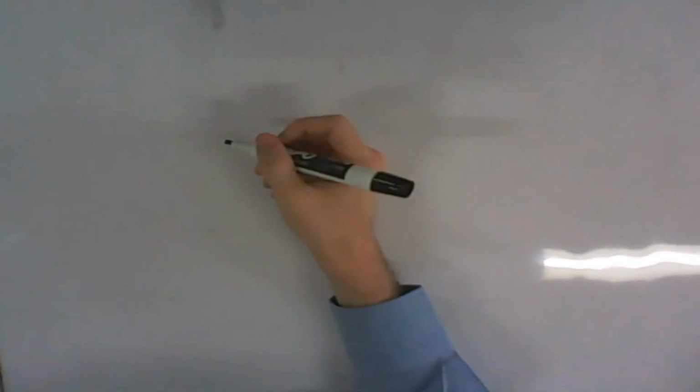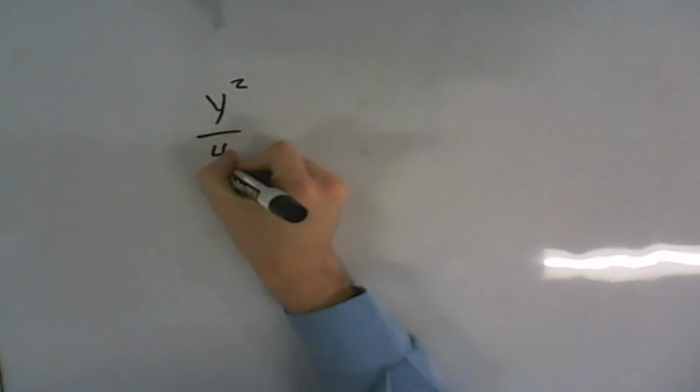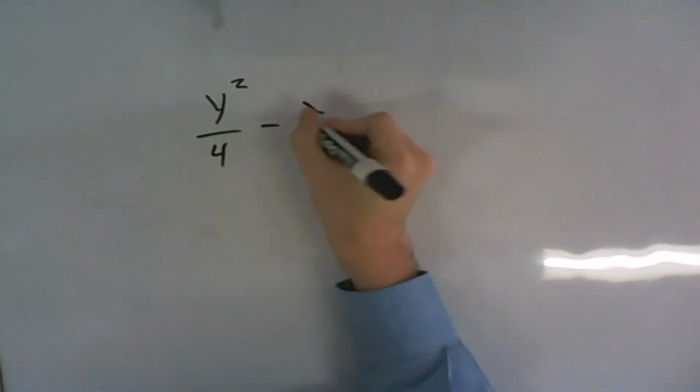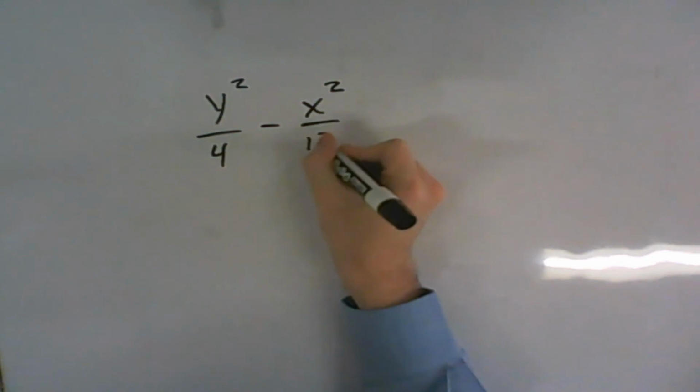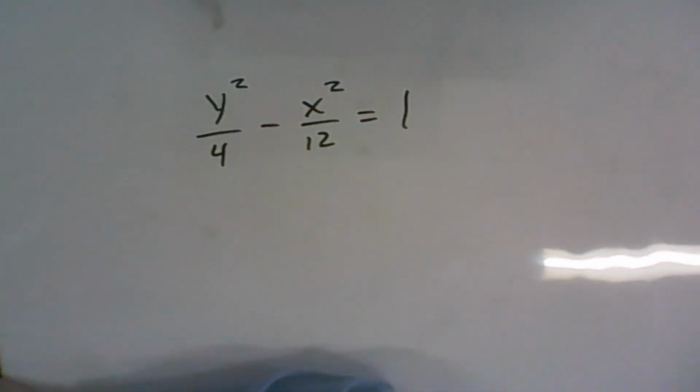So 29 is going to give us y squared over 4 minus x squared over 12. See, you know what? I may have done something really wrong. Oh yeah, I did. Shoot. My apologies.